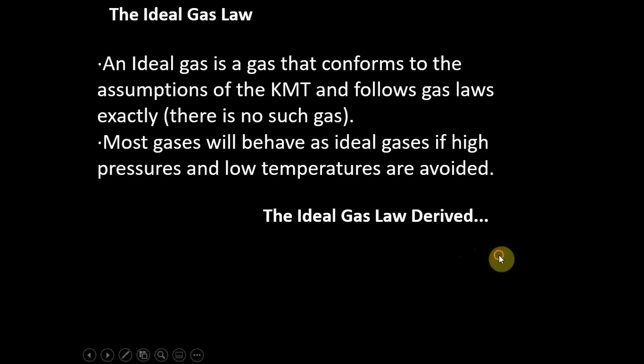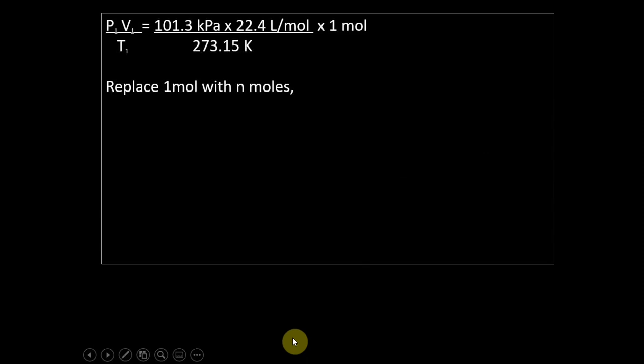All right, so let's derive this ideal gas law. Let's start with our combined gas law. So P1 V1 over T1 equals P2 V2 over T2. And let's use our molar volume.